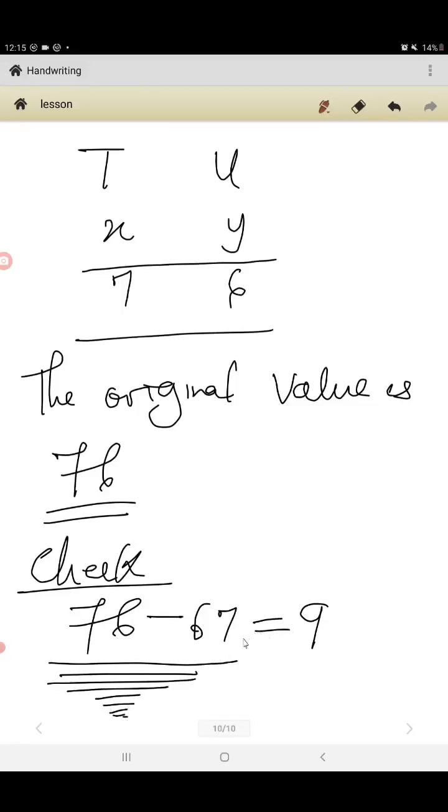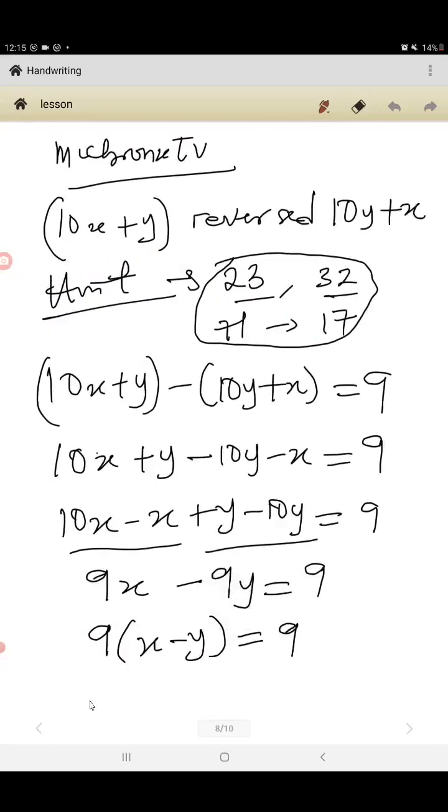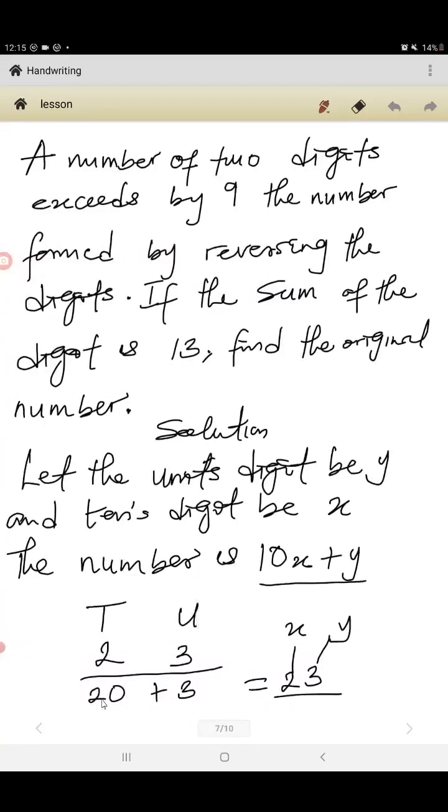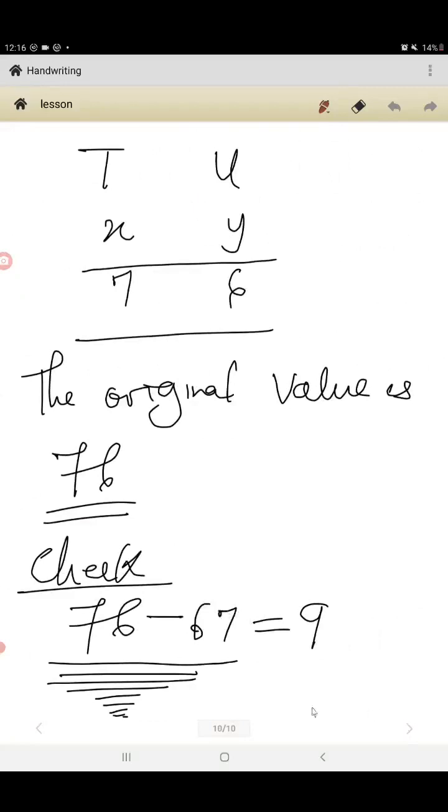So these are the questions that WAEC students, JAMB students, and NECO students must know, because these are the questions that they set every year. So it is highly part of word problems leading to simultaneous equations. Those are the crucial questions that we need. So that is all for this. The answer is 76.